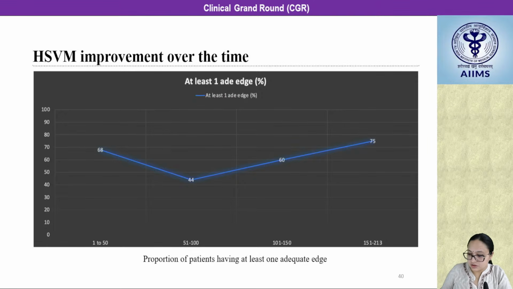The x-axis shows the 213 patients that we've enrolled, and initially the proportion of patients having at least 1 adequate edge was just 44%, and now with time it's gone up to 75%. So for every 4 patients that we sample, 3 would have an adequate edge on HSVM.